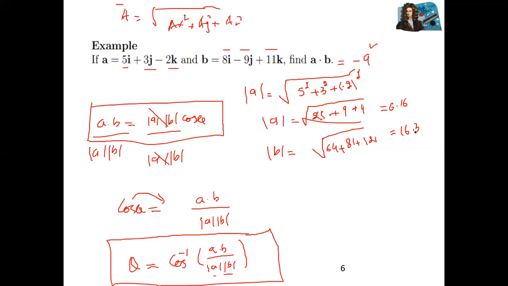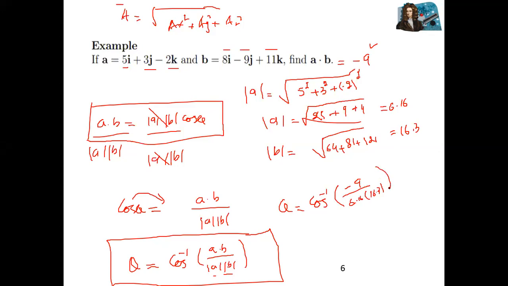So now you can find the angle, and we have the angle formula. Angle is equal to cosine inverse. What is A dot B? A dot B is given, minus 9, divided by A magnitude. A magnitude is 6.16. What is B magnitude? 16.3.